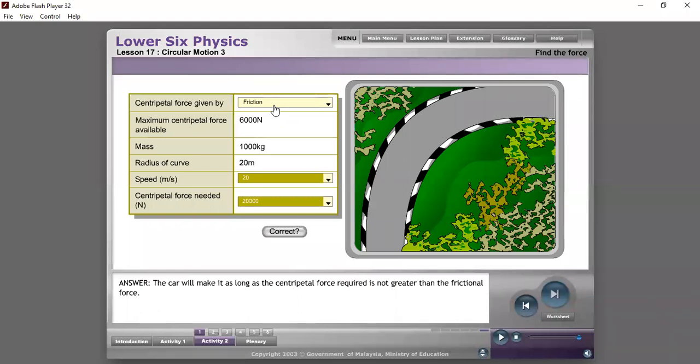The friction force comes from the contact between the four wheels and the surface of the road. So that shows how important the friction between the wheels and the road surface is, to provide the centripetal force to allow a vehicle to move in circular motion.